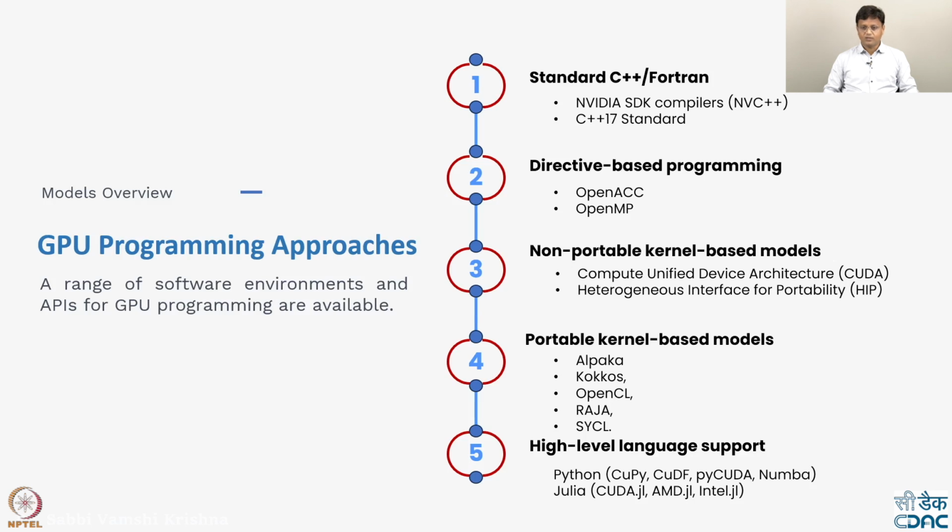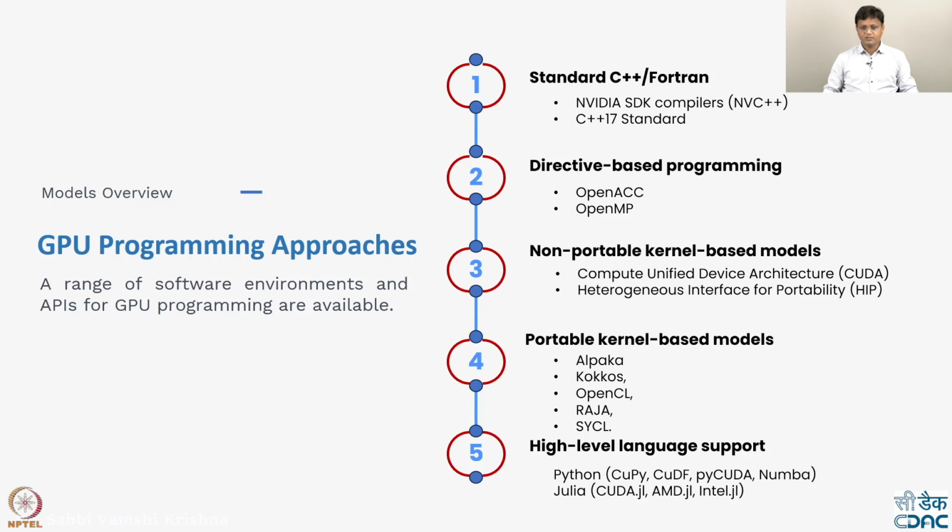The most popular kernel based programming model in this category is SYCL, which is widely used. Intel SYCL is available to program their GPUs. OpenCL and Kokkos, these three are very popular these days, and the other two are being explored and gradually gaining popularity.